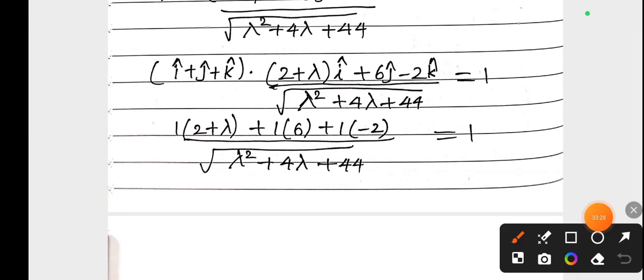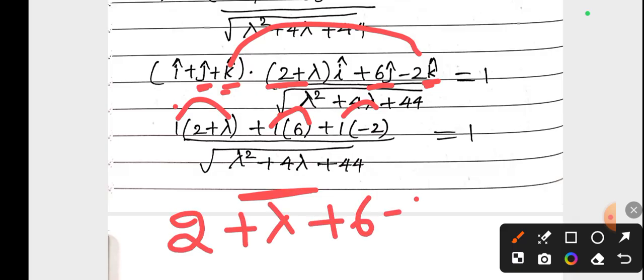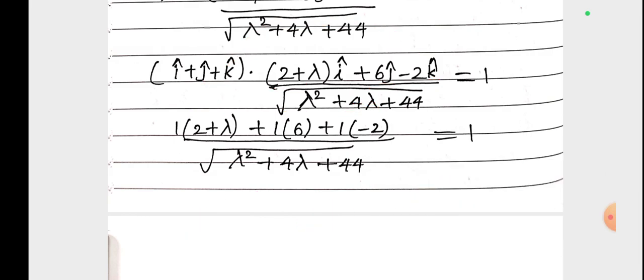When we are equating, children, here i cap coefficient is 1 and here 2 plus lambda, so 1 into 2 plus lambda. Here j cap coefficient is 1 and here j cap coefficient is 6, so 1 into 6. Here k cap coefficient is 1 and here k cap coefficient is minus 2, so 1 into minus 2. Simplify this and you get 2 plus lambda plus 6 minus 2. So 6 minus 2 is 4, or 2 minus 2 cancels, and you get lambda plus 6.